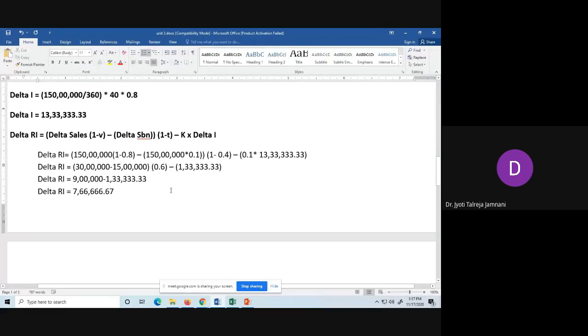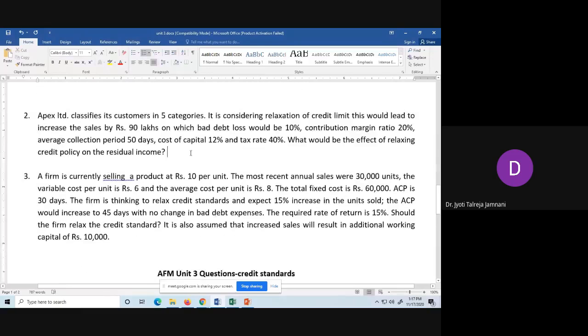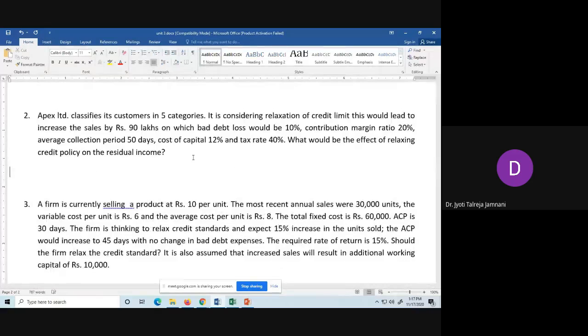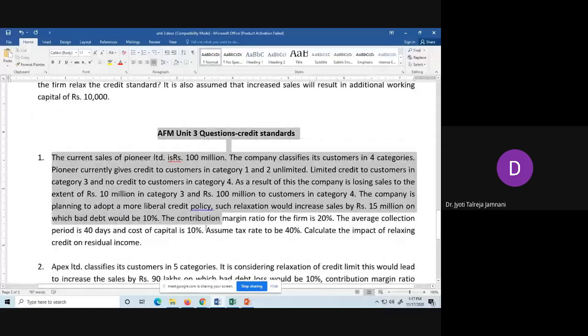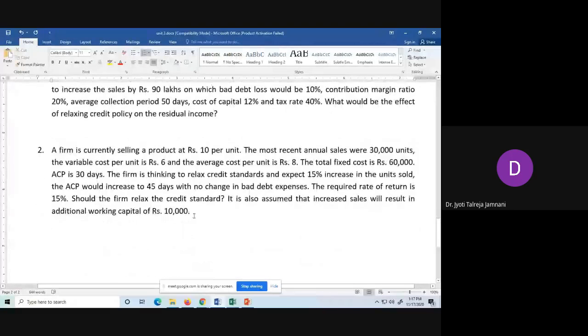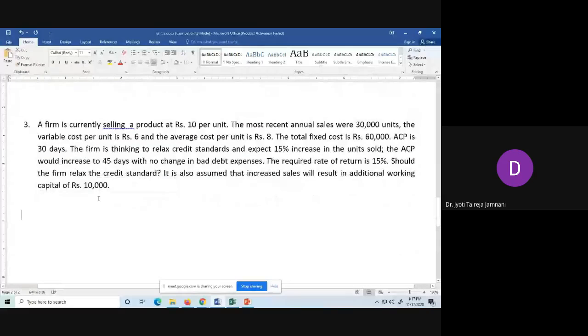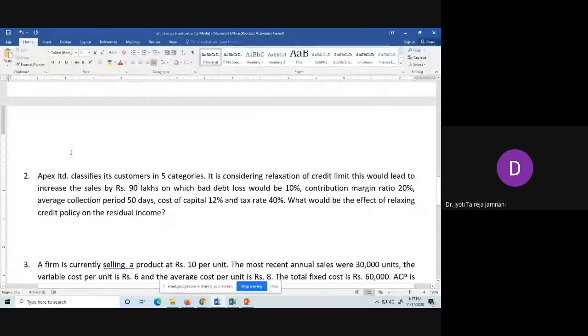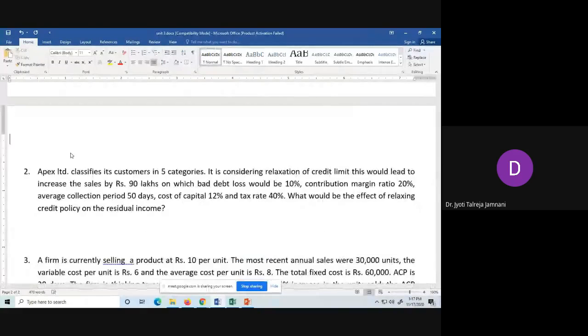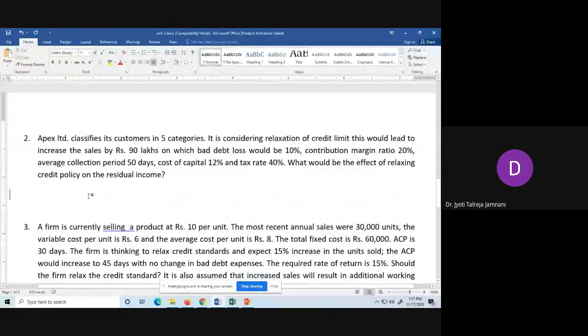Let's do the second problem, which is also on the basis of formula method. Apex Limited classifies its customers in 5 categories.